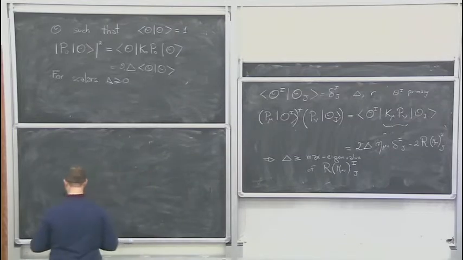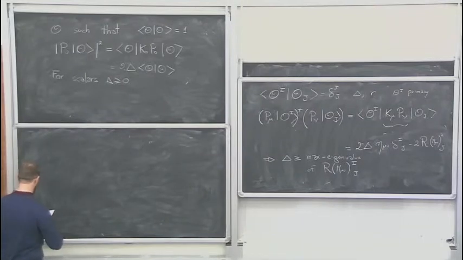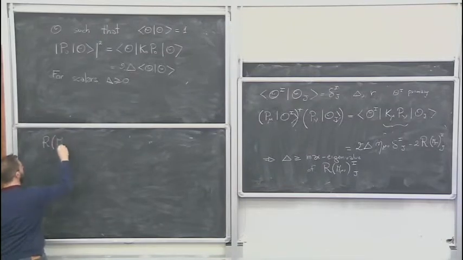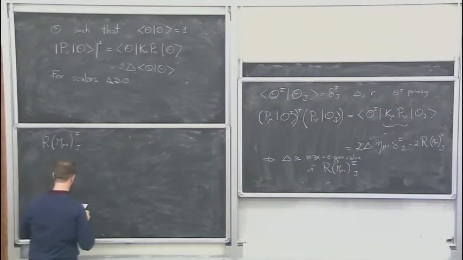Okay, so to do this, let me write the representation of this generator, mu nu, index ij, in the following form.